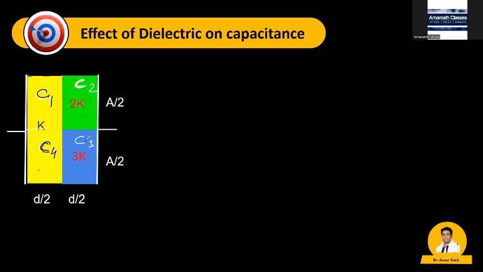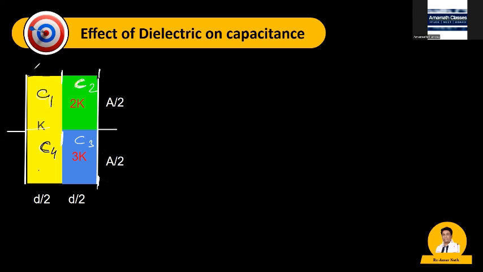First of all, this C1 and C2 are not parallel. To be parallel, we should have the same voltage, okay? But here you can see, say the potential is something V2, so the other one will be V2 only. But remember, the two potentials will not be the same, because the dielectric constant is different here.